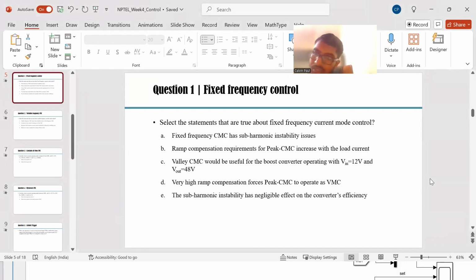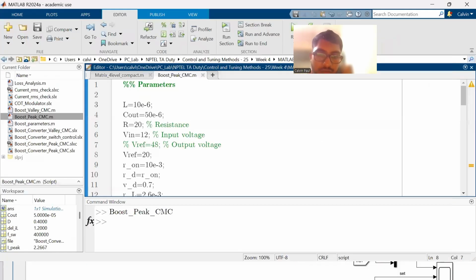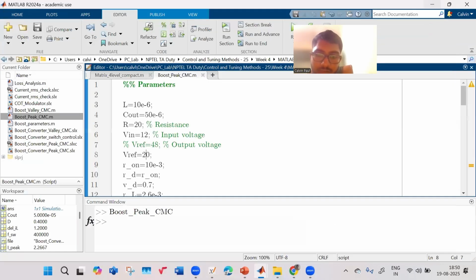Like you have learned about voltage mode control and current mode control, right? So there are certain benefits of current mode control. Okay.